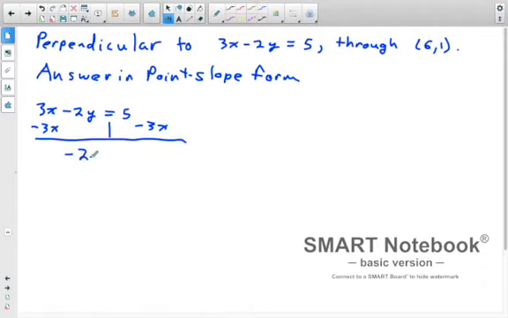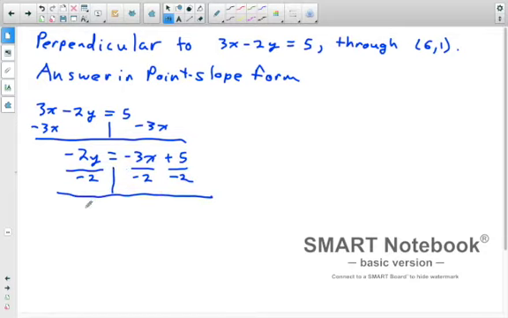So negative 2y is equal to negative 3x plus 5. Then we divide everything by negative 2. And when we divide everything by negative 2, we end up with y equals 3/2 x minus 5/2.